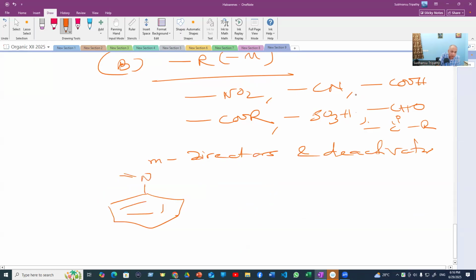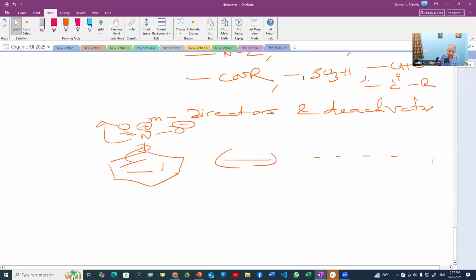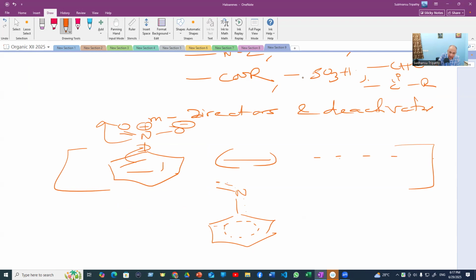Because if you draw, I'm not drawing now, supposing you have a nitro group. If you draw the 4 resonance structures and so on, you will find in the hybrid, these are the resonance structures, and in the hybrid, a minus delta partial charge will be created at the meta position, and at the ortho-para positions you will get plus delta.